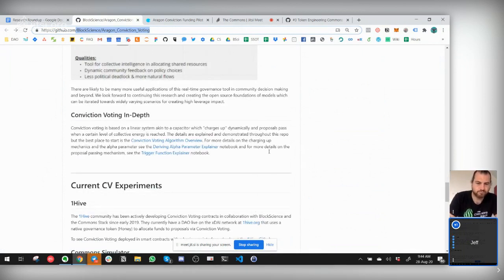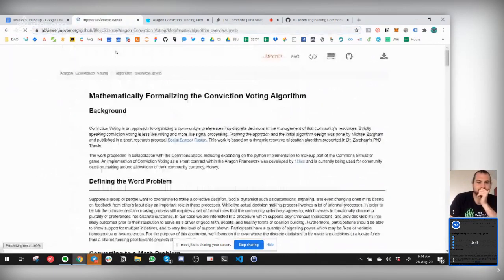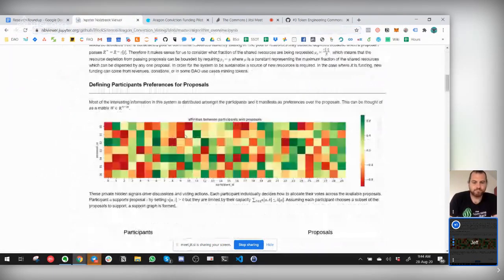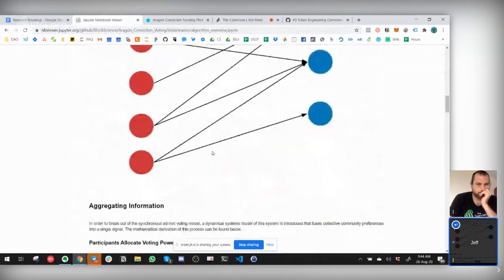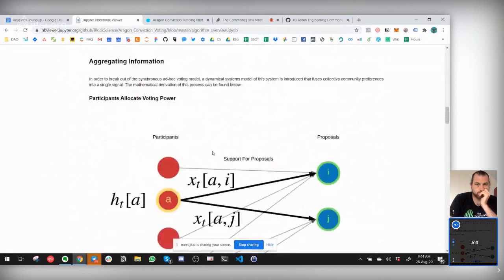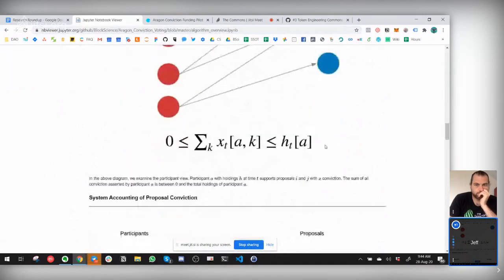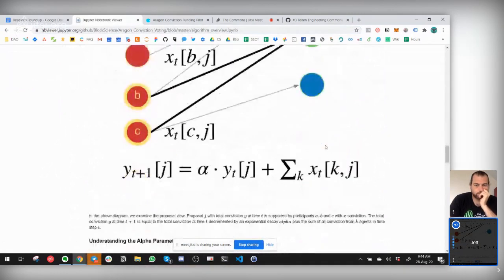And of course, we go much deeper into the conviction voting algorithm, the mathematical derivation, talking about how we set up this system in the back end of cadCAD, looking at the mathematical first principles. What parts of these systems are invariant?